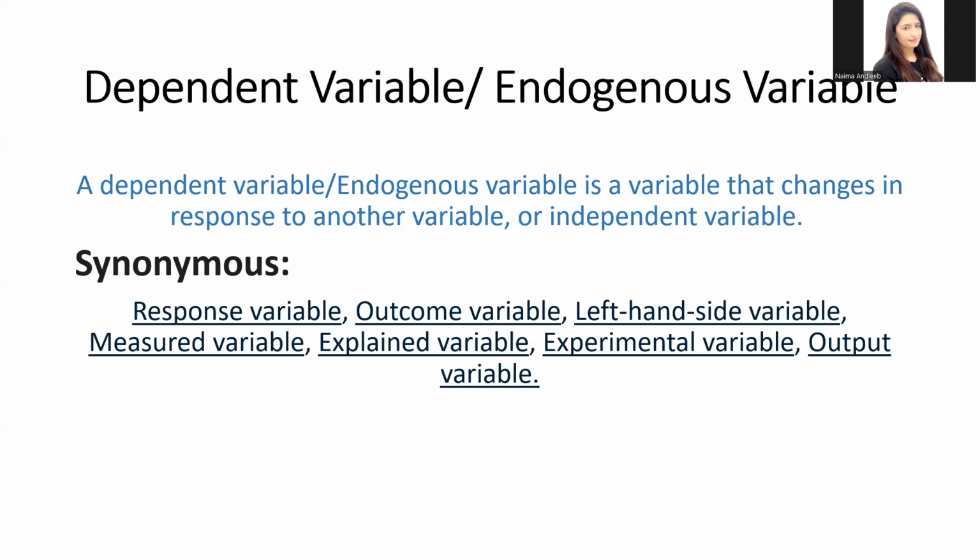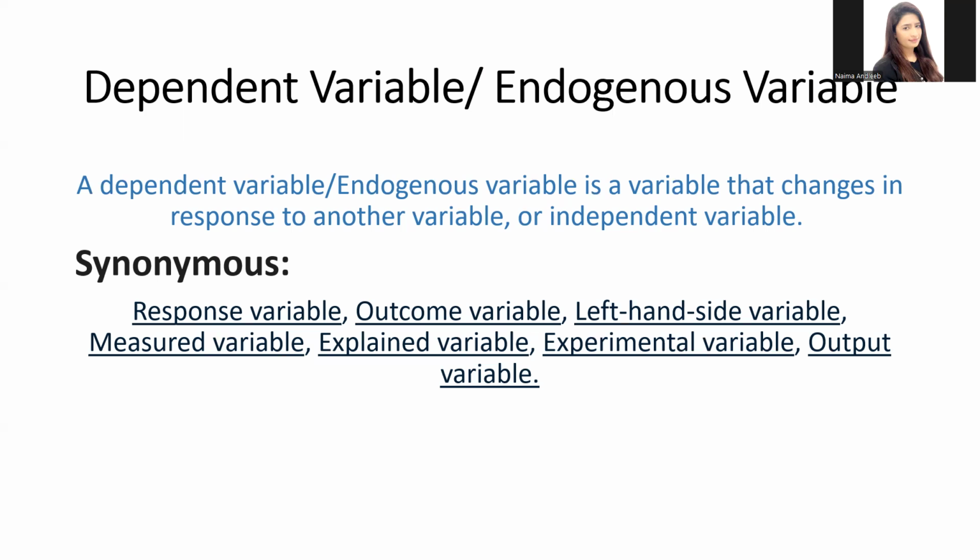Explained variable: this variable can be explained, having its variations, terms, and variance in its nature. Measured variable: this variable can be measured.